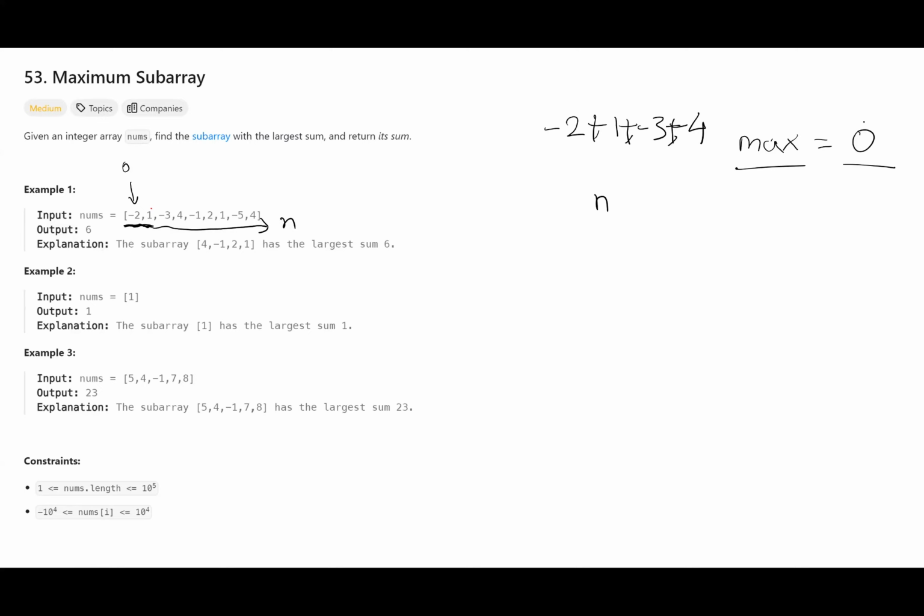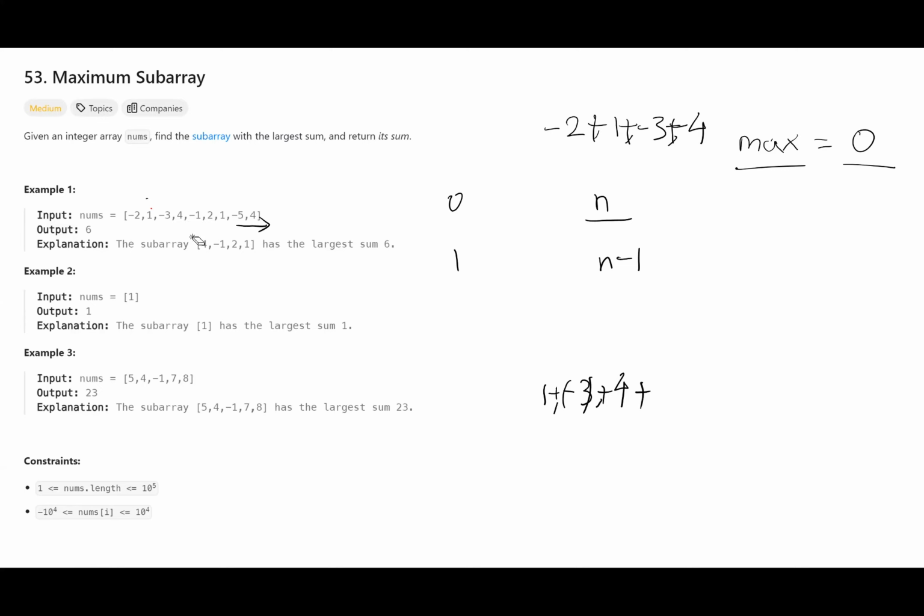So for index 0, we do it n times. Then we can again start from index 1. Index 1 is 1, and then we extend it n minus 1 times. So we try 1, 1 minus 3 is -2, plus 4 is 2, and we keep on adding all these up to the end, so n minus 1 times.